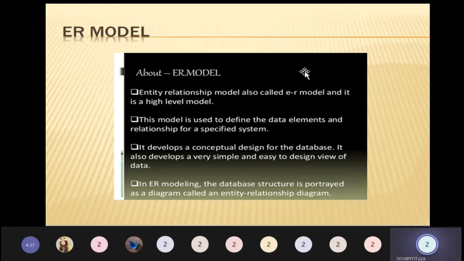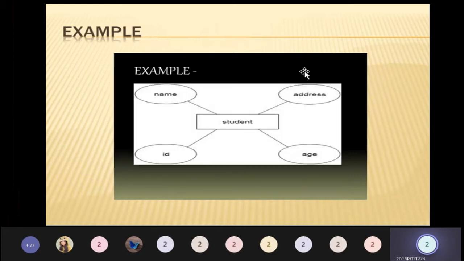It also makes it very simple and easy to design the view of the data. In ER modeling, the database structure is portrayed as a diagram called an entity relationship diagram, or ER diagram.